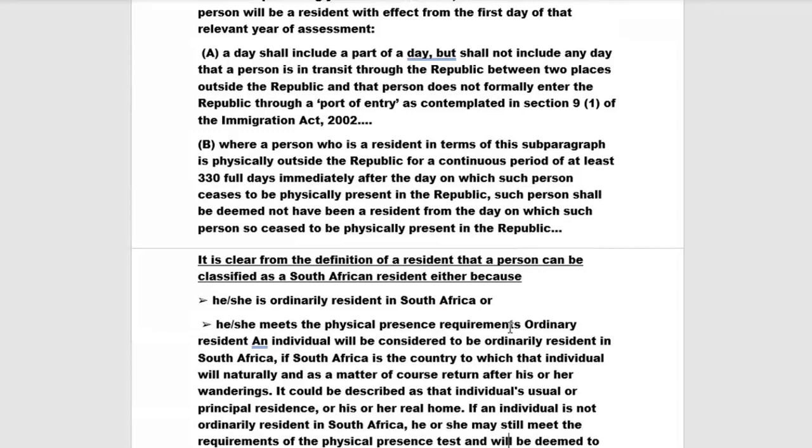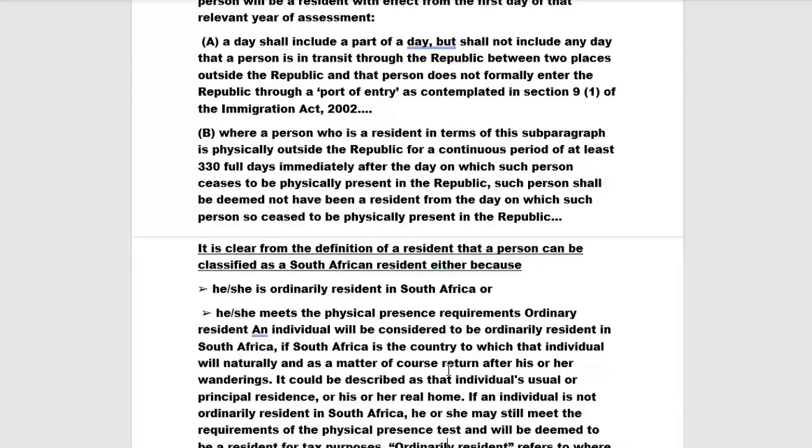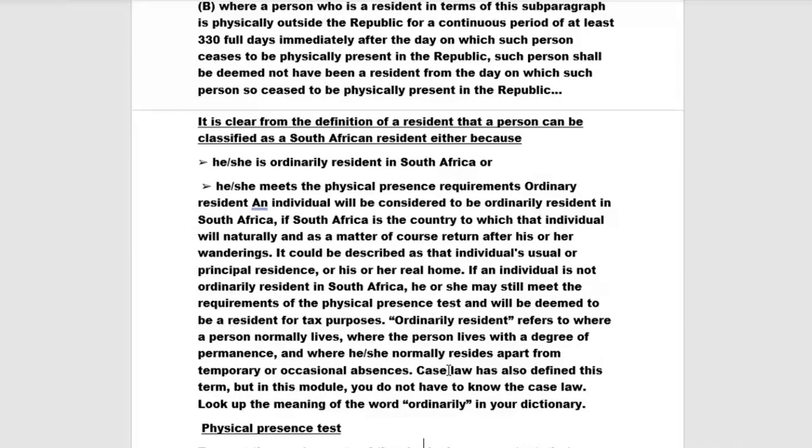So it is quite clear from the definition that a person can be classified as a South African resident either because he or she is ordinarily resident in the Republic, or he or she meets the physical presence requirement. Ordinarily resident: an individual will be considered to be ordinarily resident in South Africa if South Africa is the country to which the individual will naturally and as a matter of course return from his or her wanderings.